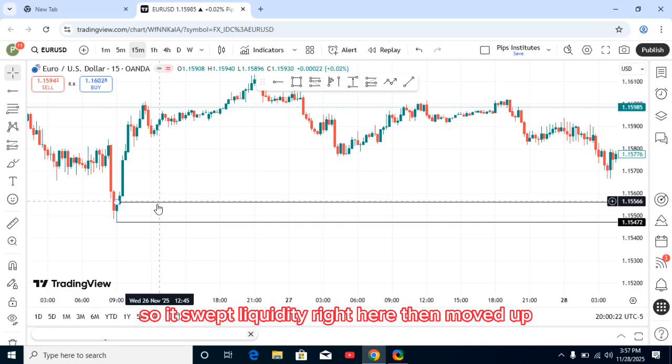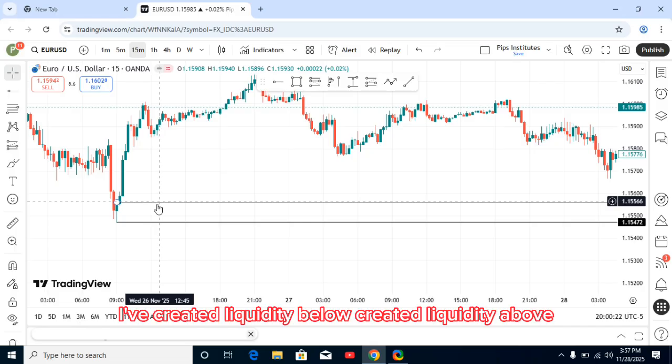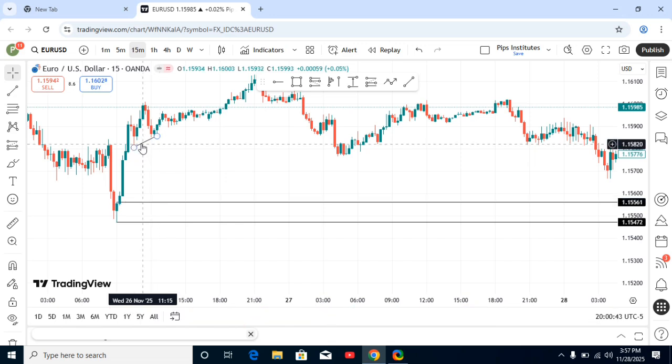So it swept liquidity right here, then moved up, creating a liquidity right here. This is liquidity. It has created liquidity below, created liquidity above, right? Created more liquidities. Let us reduce it.